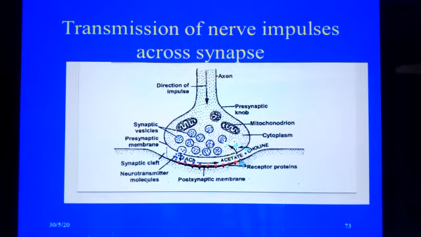For that to occur, energy is needed. Therefore, the role of the mitochondrion here is to provide energy for the reconstitution of acetylcholine from acetate and choline. This process is sped up by an enzyme that we call cholinesterase.